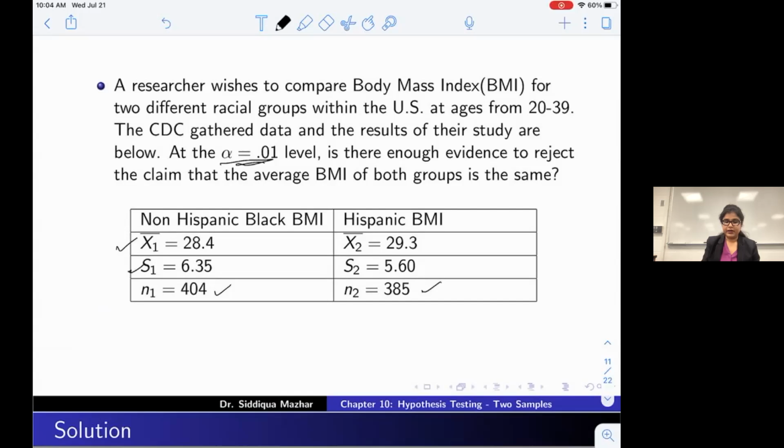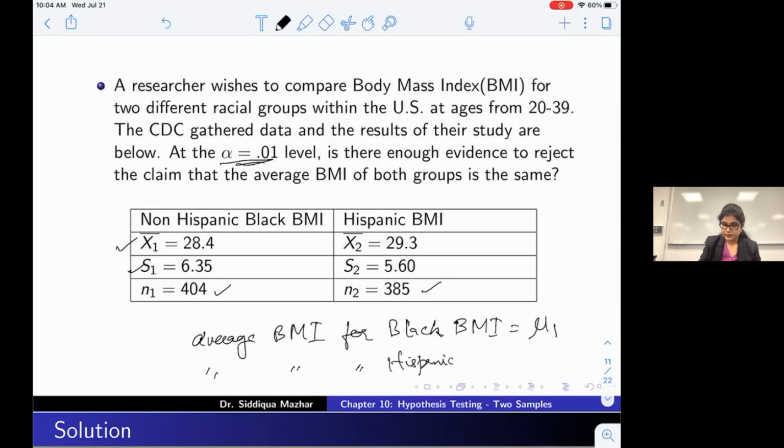Let's write down the average BMI for Black, the group 1, sorry, Black BMI. This is, let's say, mu1, and the average BMI for the Hispanic second group I'm going to represent with mu2.